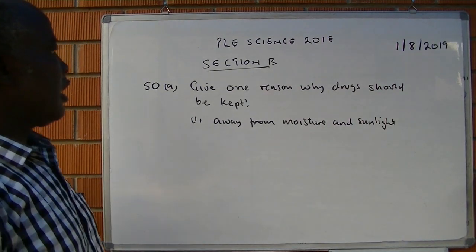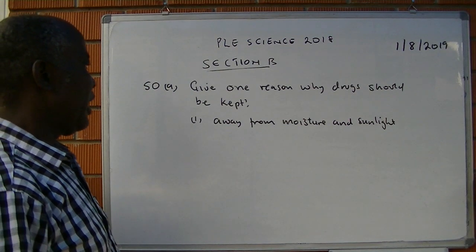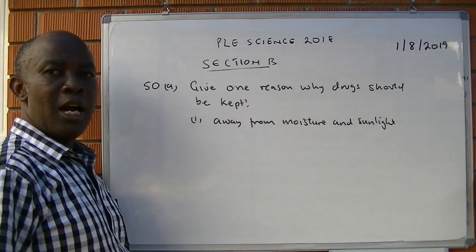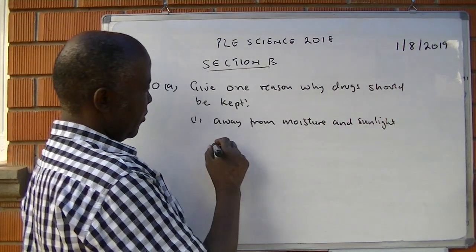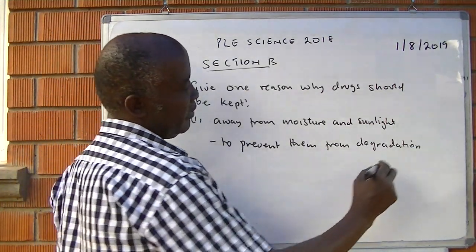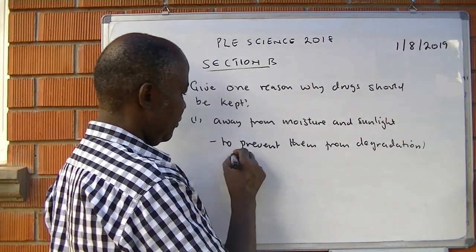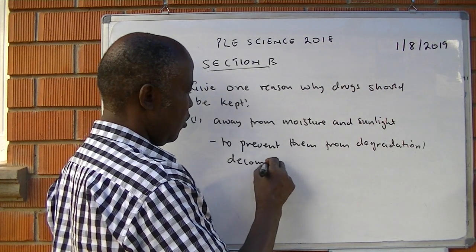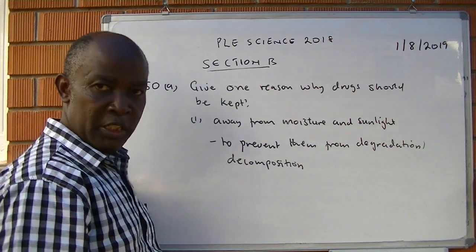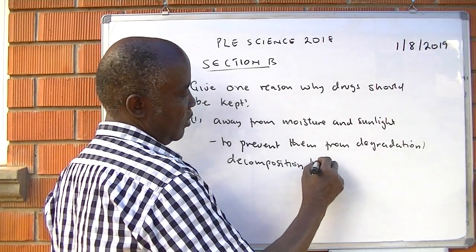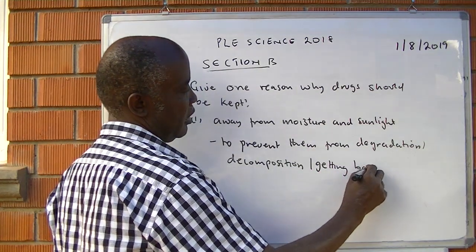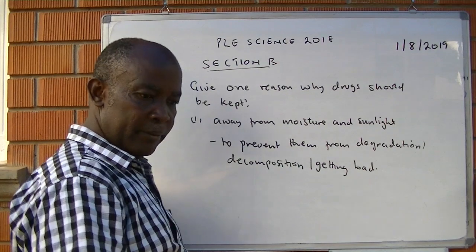A. Give one reason why drugs should be kept. 1. Away from moisture and sunlight, to prevent degradation or decomposition, or getting bad.